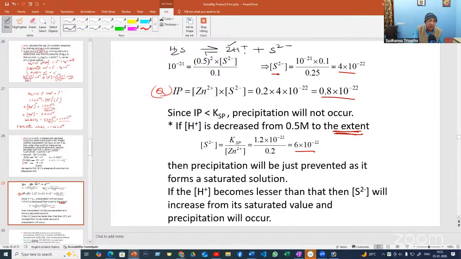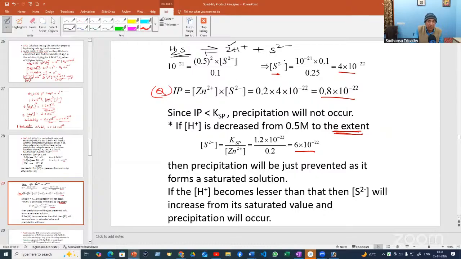Otherwise, it would have been simply this is x, this is 2x and square. This is 4x cube by 0.1. This is H2S, not like heterogeneous equilibrium. It will not be omitted from the denominator or taken as 1. It's a homogeneous equilibrium and saturated solution of H2S. The H2S undissociated concentration is always 0.1, as given.